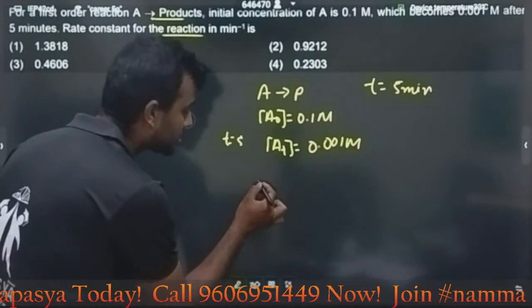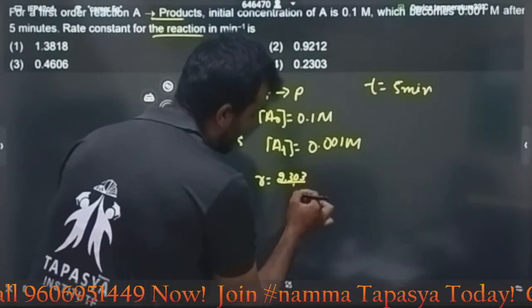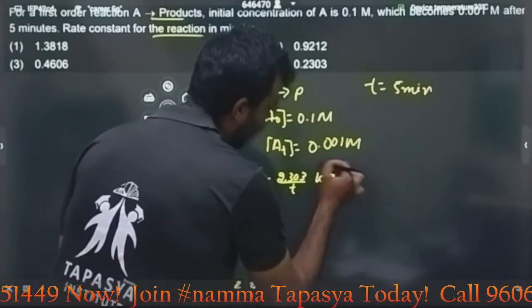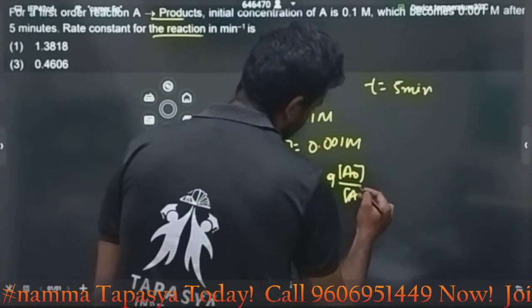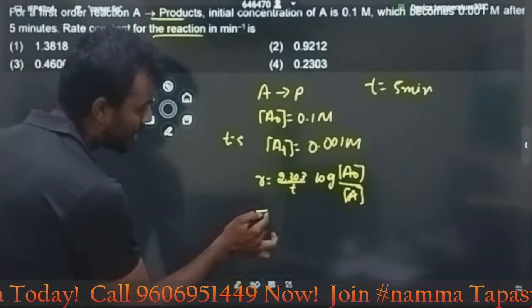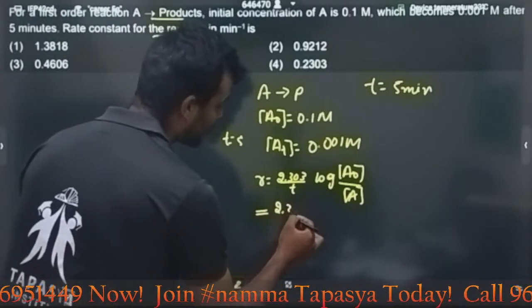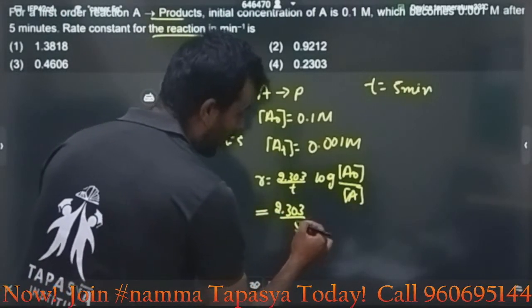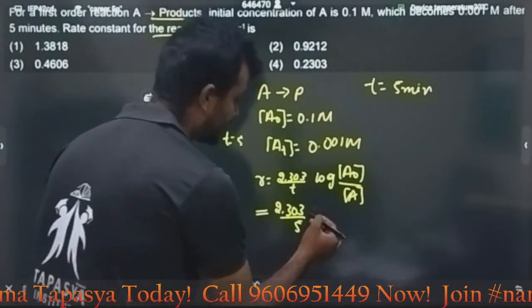How to calculate the rate constant? k is equal to 2.303 divided by t into log of a naught divided by a. Here you will get 2.303 divided by 5 minutes, log of a naught concentration, how much?